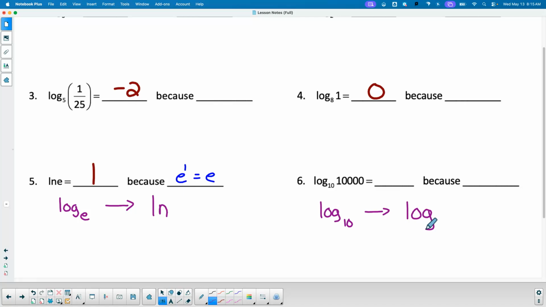So that's why we don't ever have to write base 10. On your calculators, natural log is log base e. On your non-TI calculators, log is log base 10. On the Inspire calculators, you get to choose what your base is. So what exponent do I have to put on 10 to get 10,000? 4.